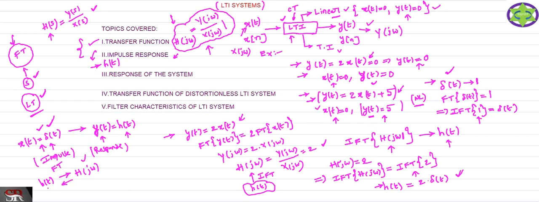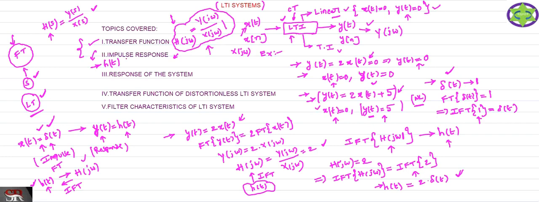So how can we get h(t) again? If you apply the inverse Fourier transform, you will get h(t), which is the impulse response of the system. So to find the impulse response, you apply the inverse Fourier transform after finding the transfer function of the system. This is about the impulse response of the LTI system.